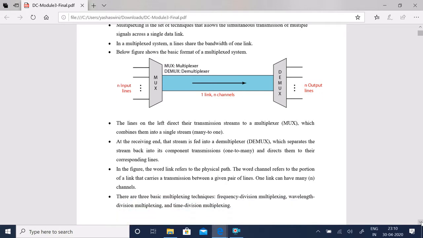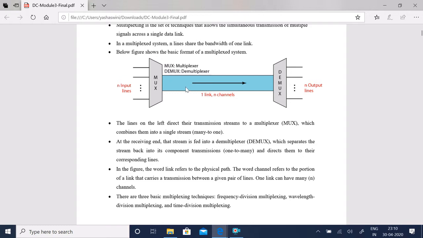If you see this diagram, the lines on the left are the input channels which transmit through a multiplexer. The functionality of the multiplexer is to convert all these n input lines into a single transmission stream.